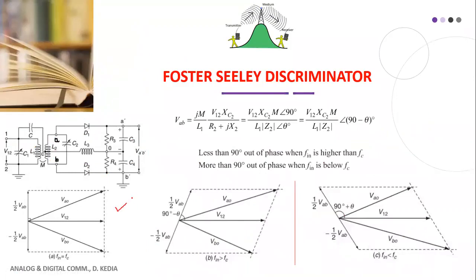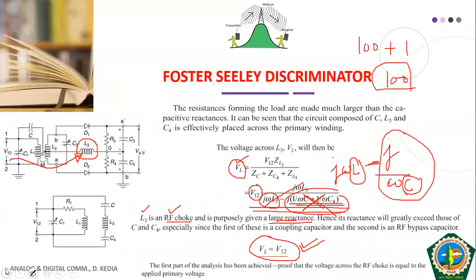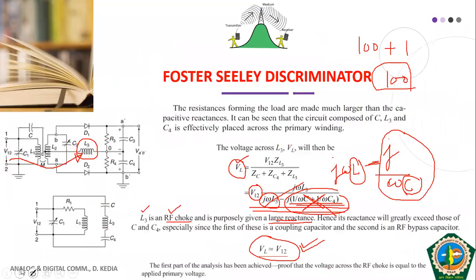See, this is what happens. So what did we prove? We have to prove that the voltage applied to the diode is the sum of the primary voltage and the corresponding half secondary voltage.